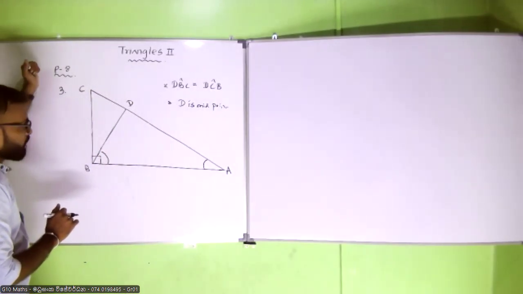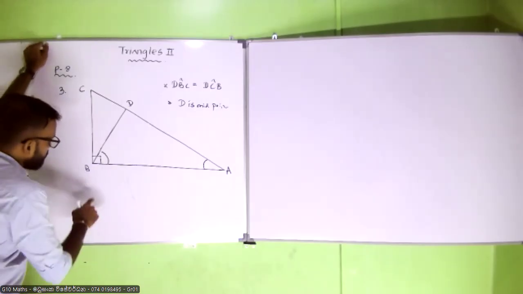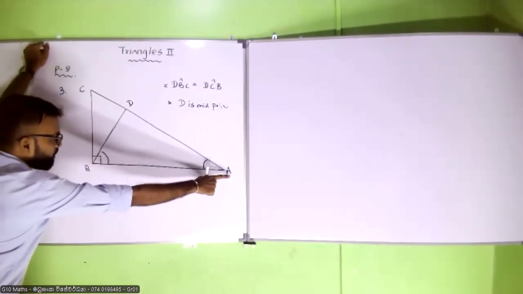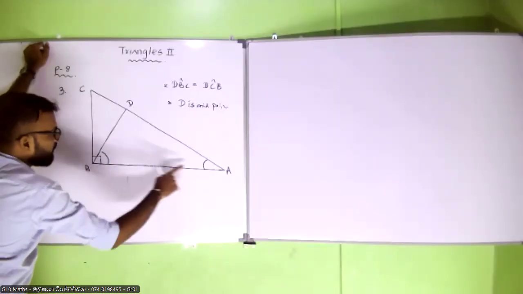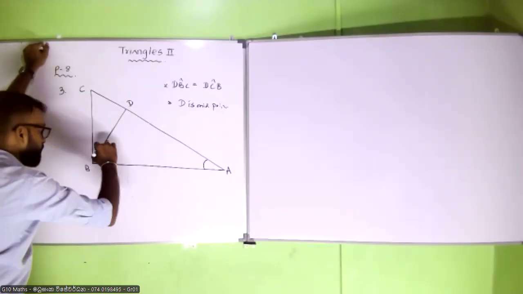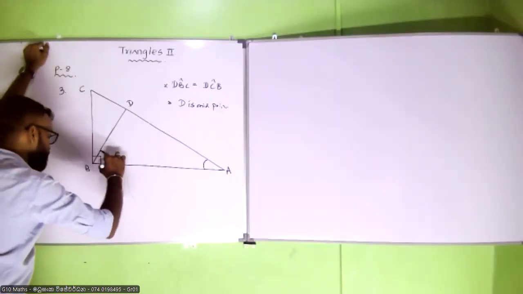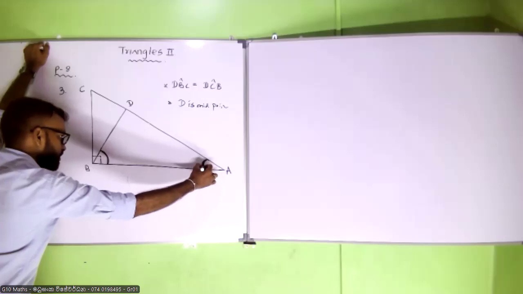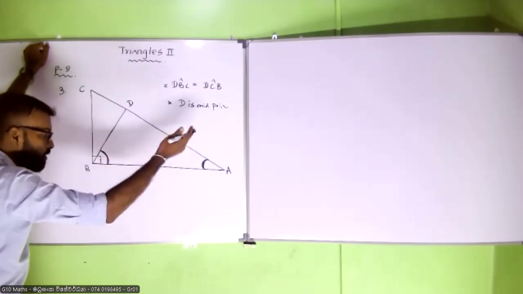Right. So first of all, I will do what I know. If I consider my BAD triangle, they have given me this one equal to this one, so that I can use the converse theorem and do the backward thing.